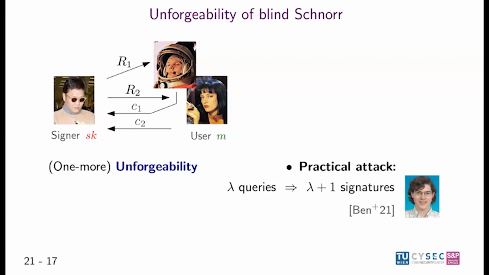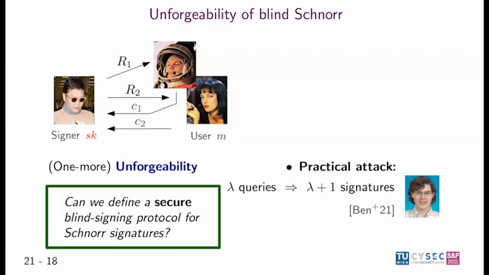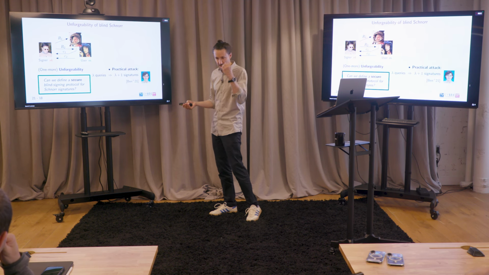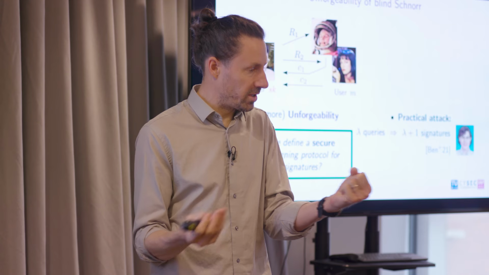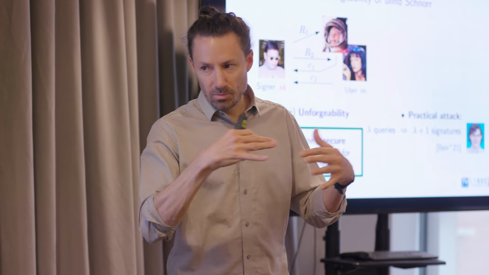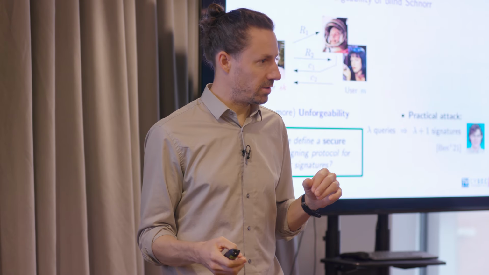Something you don't want from a blind signature scheme. So the open question was, can we define a secure blind signing protocol for Schnorr signatures? Again, there are concurrently secure blind signature schemes, but if we need to use Schnorr, because, for example, we want to use it in Bitcoin, or because we want a blind signing protocol for something that's standardized, like ECDSA, then we need to engineer around this existing signature scheme.